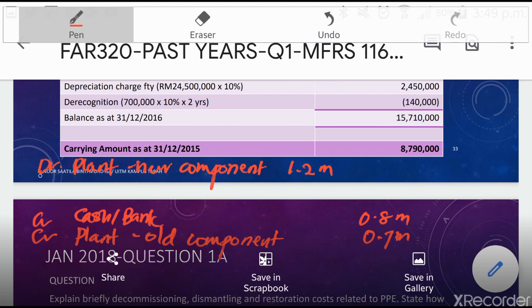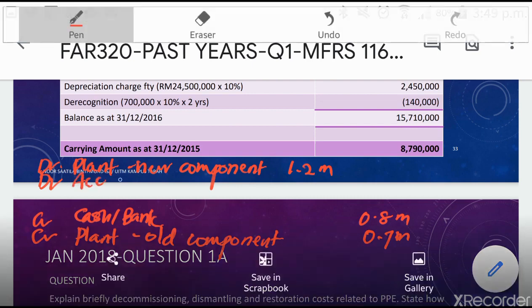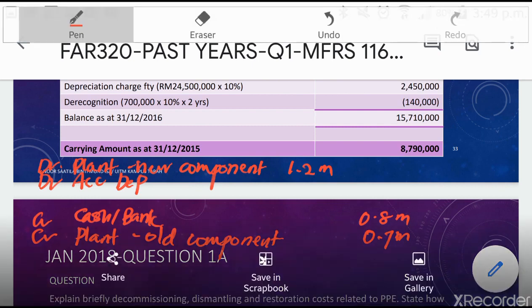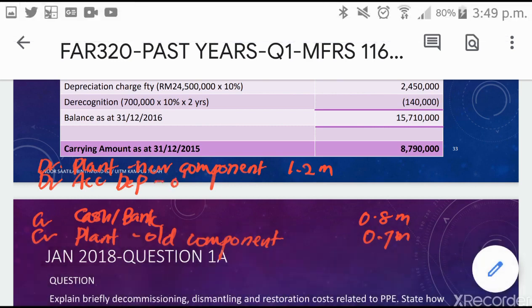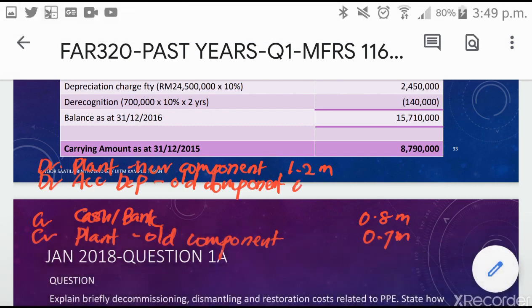Because you dispose the component, the depreciation must be removed. So if you provide depreciation, you debit depreciation, you credit accumulated depreciation. But this one you are trying to remove. So when you remove, you debit your accumulated depreciation. So this is the depreciation for the old component that you remove, not the whole PPE, okay? The old component. So that was 0.14 million or 140,000.